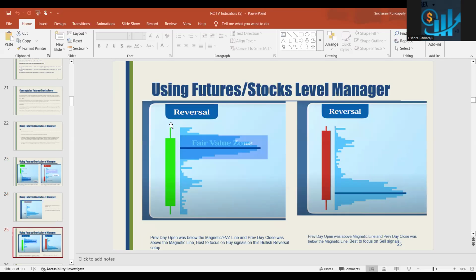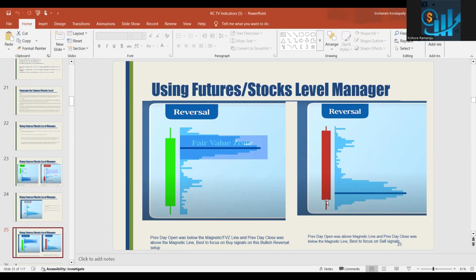This is a ticker where your open was below the magnetic level, but your close was above the magnetic level. That means the trend got reversed. It was going down, suddenly it started going up. There is a high possibility this trend will continue. So we'll mainly look for the buy signals.